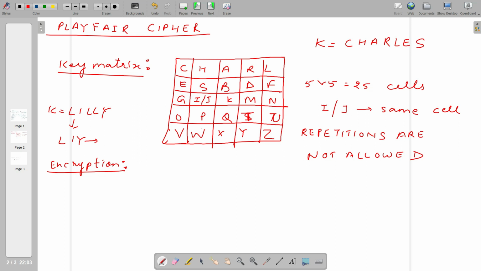For example, here our plain text is, let's say I write a plain text, meet me at the bridge. Okay, so meet me at the bridge. Now let me divide it into groups of 2 letters here like this.